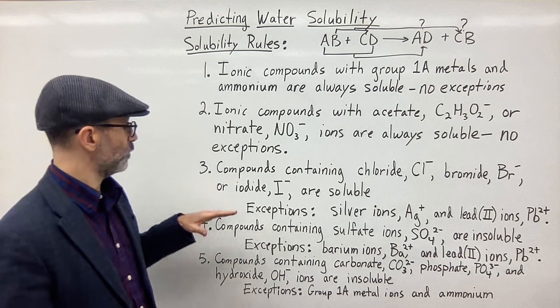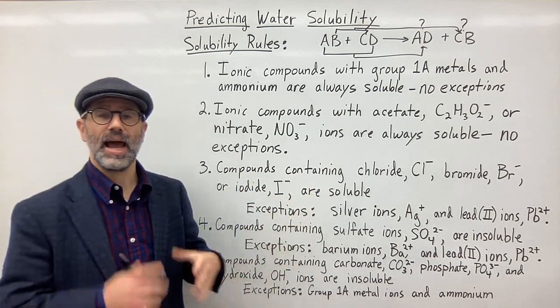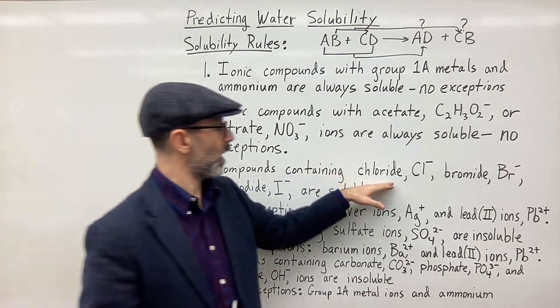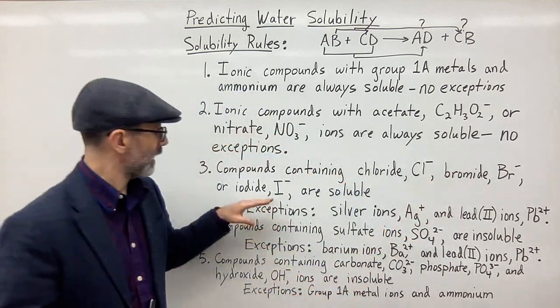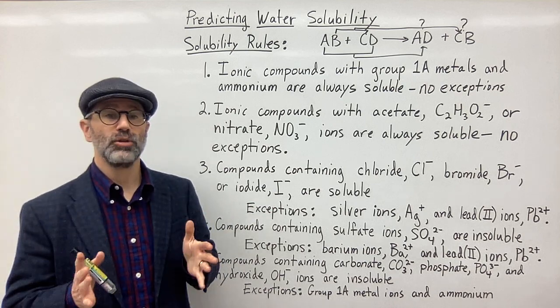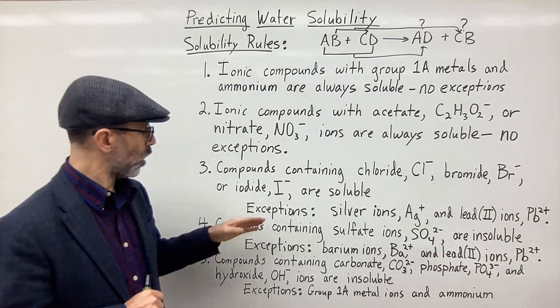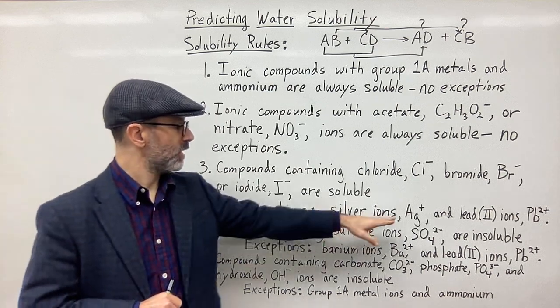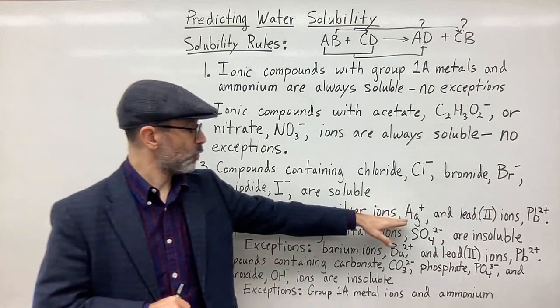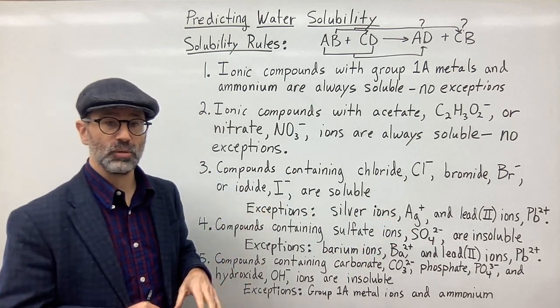Rule number three: if you have a compound containing a halogen like chloride, bromide, and iodide, those are going to be soluble, generally speaking. However, there are a couple of exceptions. One is the silver ion. If you have silver iodide, that is not going to be soluble.